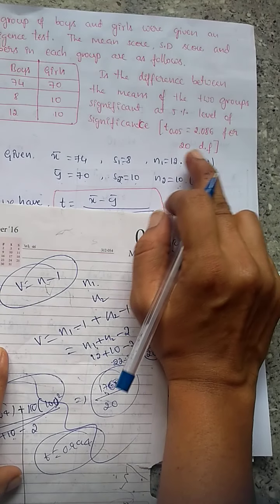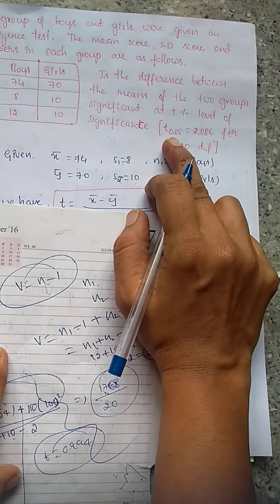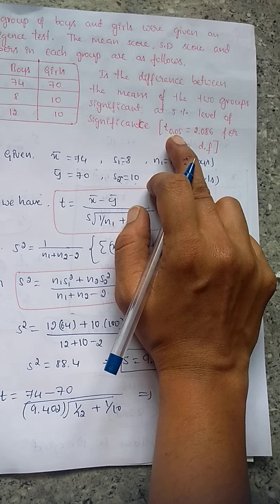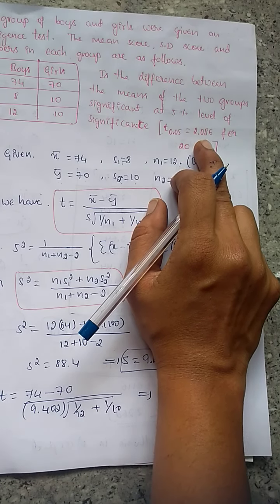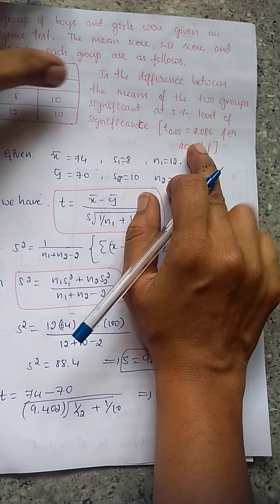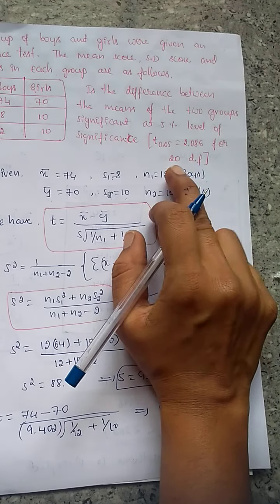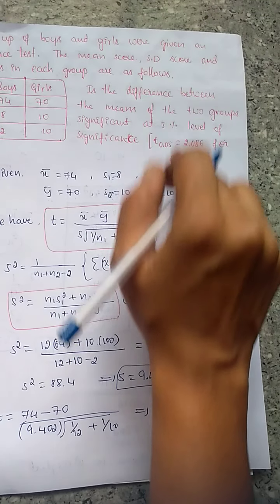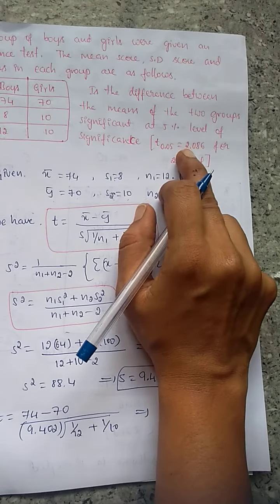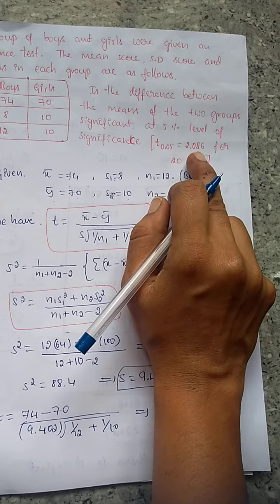For 20 degrees of freedom, corresponding to the 0.05 level of significance, the critical point 2.086 is given. Suppose this data is not given, we have to collect it from the table: degree of freedom 20 and the 0.05 significance level column, and we collect 2.086 as the critical point.